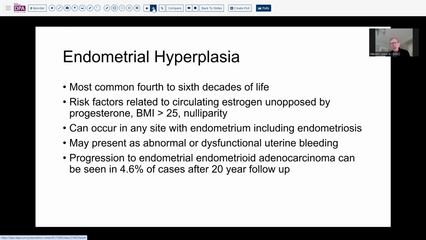Of course, these can involve endometriosis as well as the endometrium itself, and so can be identified in the stomach, in the ovary and intra-abdominal and other locations as well. There is still a small risk in these patients that, given this milieu of hyperestrogenism, they will progress to either atypical hyperplasia or endometrioid adenocarcinoma.